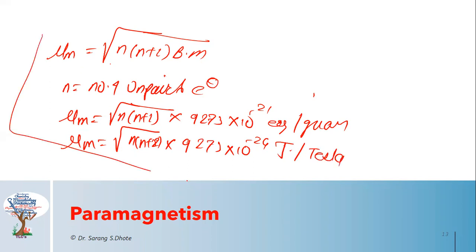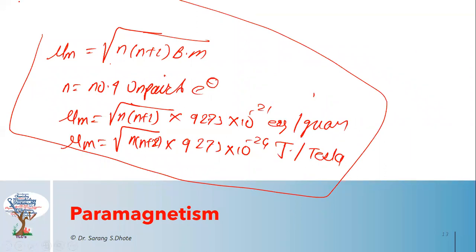So this is the unit, and this is the magnetic moment of a paramagnetic substance.